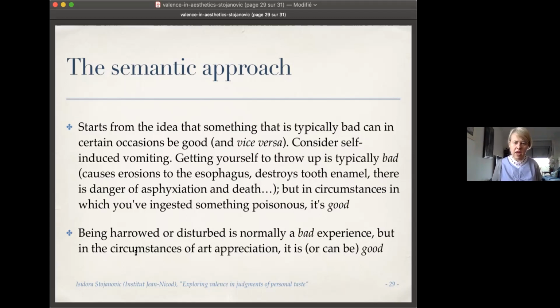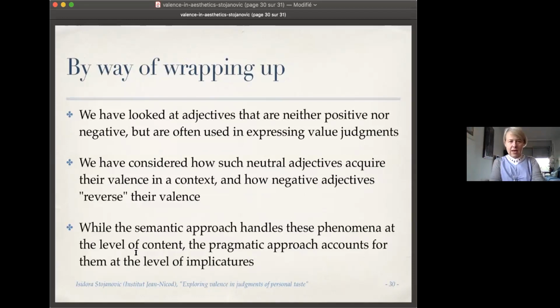So they're negative, but there are circumstances in which having this sort of emotion becomes good, and namely those are the circumstances of art exposure, being exposed to artwork and appreciating it, where the fact that they induce you to a negative emotion is not just that it is second order good that they do that, it actually becomes a good thing, as it were, at the level of content.